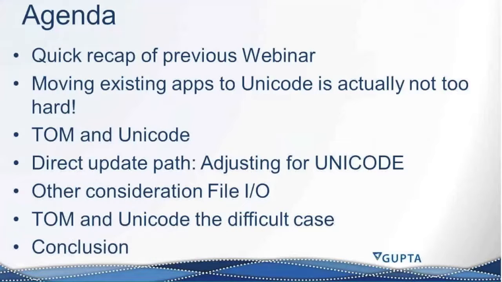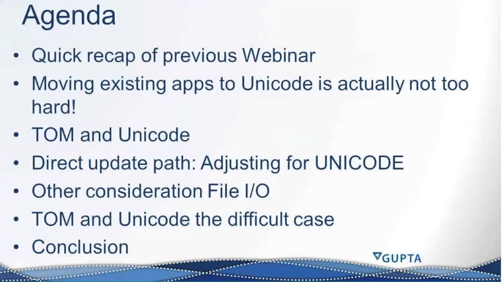For today's agenda, I'm going to give you a quick recap of our previous webinar. I don't know how many people have seen the previous webinar or joined it, but it's also on our website, and I'll give you the link later in the next couple of slides.